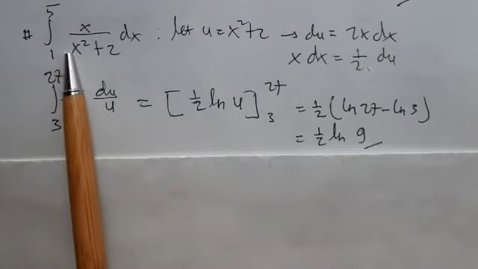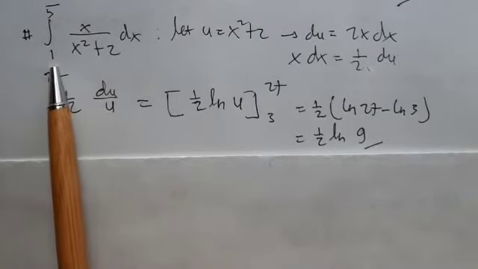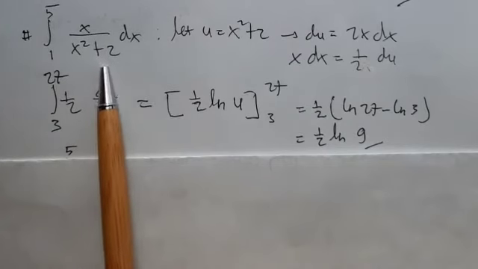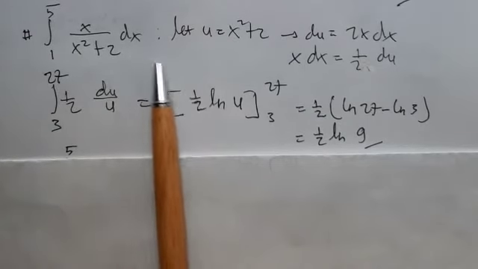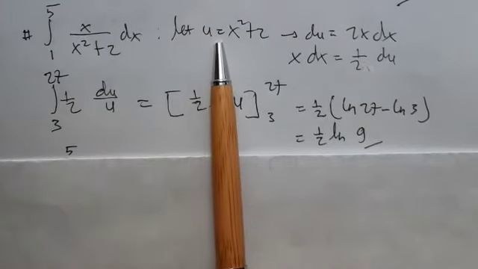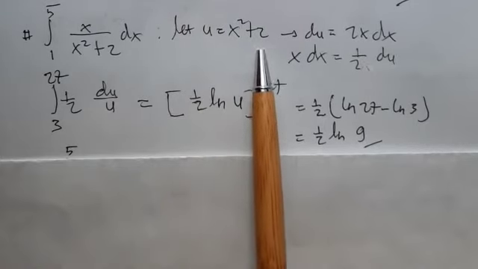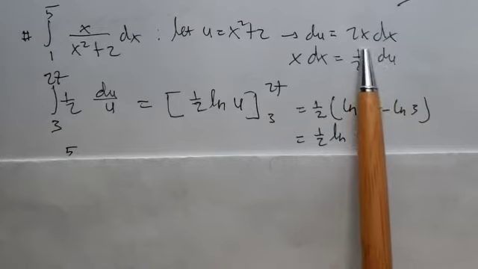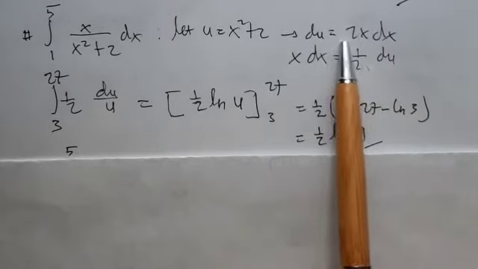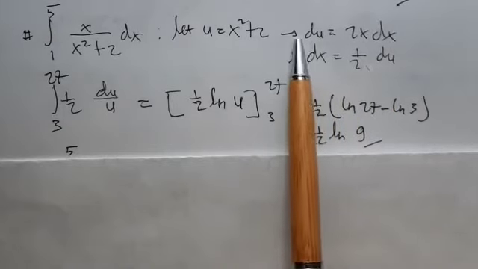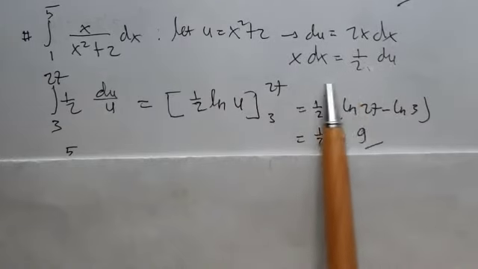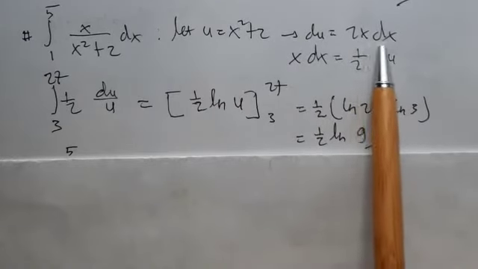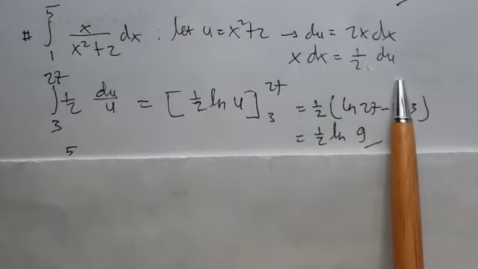The second part of the integration is the integral from 1 to 5 of x over (x squared plus 2) dx. Now let u equal x squared plus 2, du is 2x dx, or x dx is du over 2, dividing both sides by 2. Thus x dx equals half du.